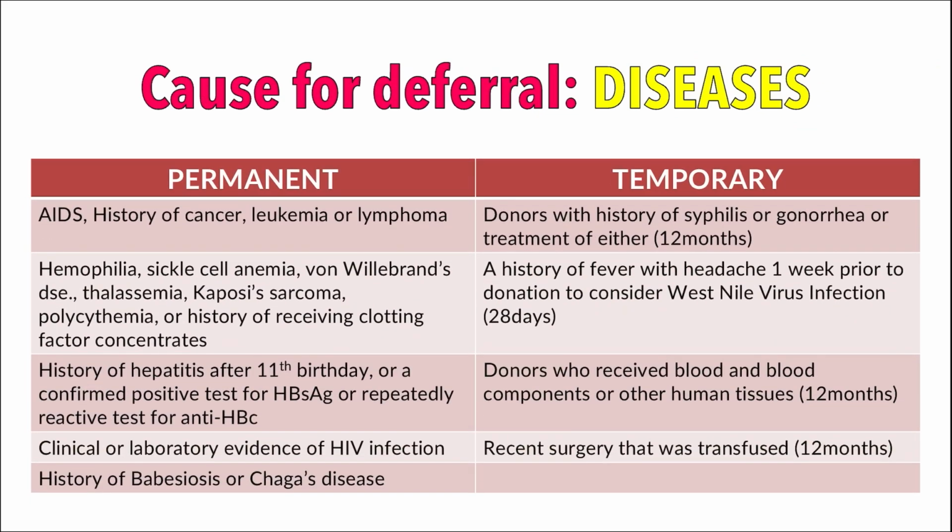For permanent, we have AIDS, cancer, leukemia, lymphoma, hemophilia, sickle cell anemia, von Willebrand's disease, thalassemia, Kaposi sarcoma, polycythemia vera, history of receiving clotting factor concentrates, hepatitis, confirmed positive test for HBsAg, or repeatedly reactive test for anti-HBc, because that means you have been infected with Hep B. And then clinical or laboratory evidence of HIV infection, babesiosis, and Chagas disease.